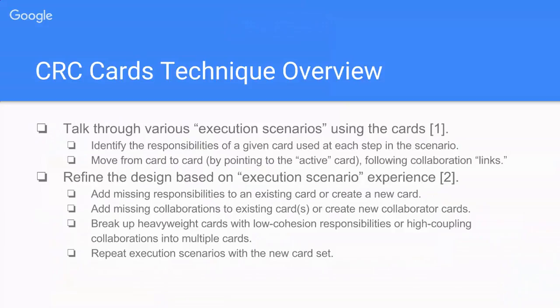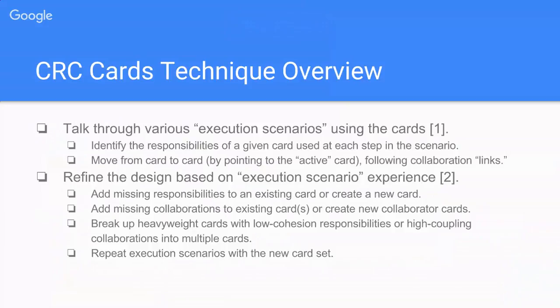Similarly, if you've got a lot of collaborating classes and they depend on this large number of responsibilities of the heavyweight card, you may have high coupling in your class relationships. You want to fix that by breaking up your heavyweight class into a set of lighter weight cards with fewer responsibilities and fewer collaborations.